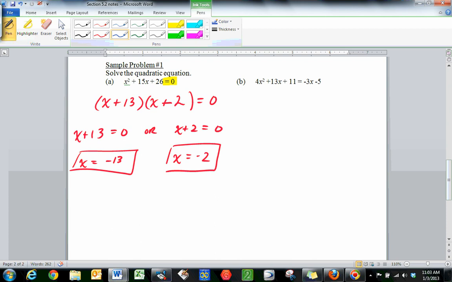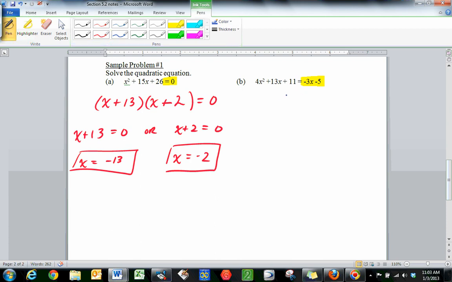Now, in moving over to part B, I run into a different problem again. If you notice, the right side is not equal to 0, so I need to make that side equal to 0 by going through my steps, my properties in algebra that allow me to do this.